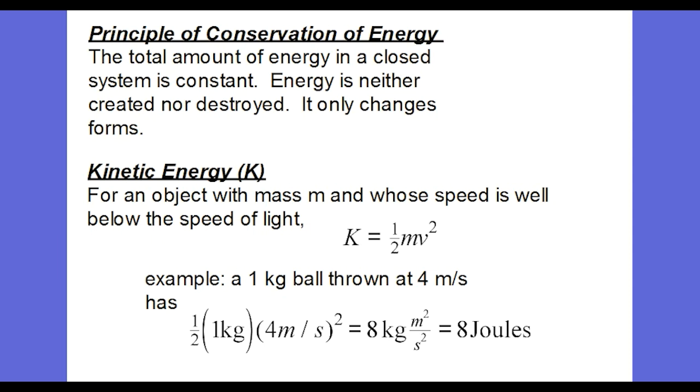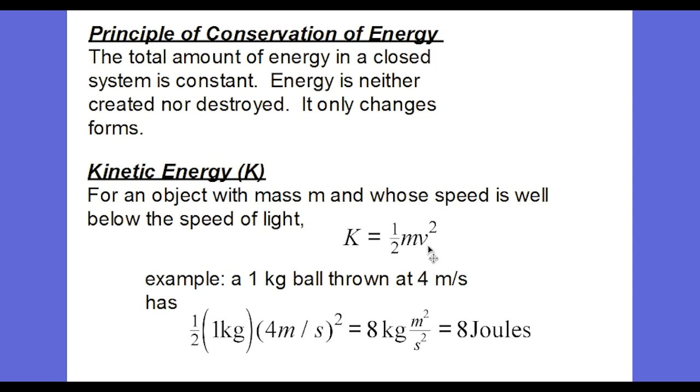Another important idea from page 141 is the idea of kinetic energy, sometimes called energy of motion. Things that have motion have kinetic energy, and the amount of energy is equal to 1/2 times the mass times the velocity squared.